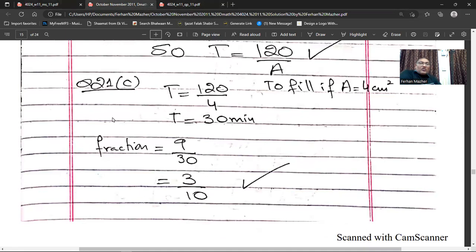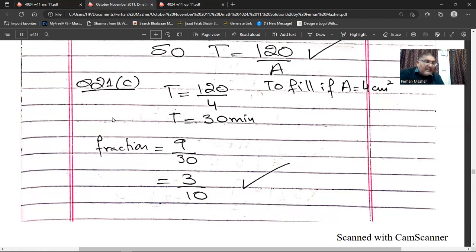Okay. So the formula is T equals 120 by 4. In the place of the area A, I will put 4. So T will be 120 divided by 4, and that will be 30 minutes. So to fill the tank, the time required is 30 minutes, but you have opened the pipe only for 9 minutes.